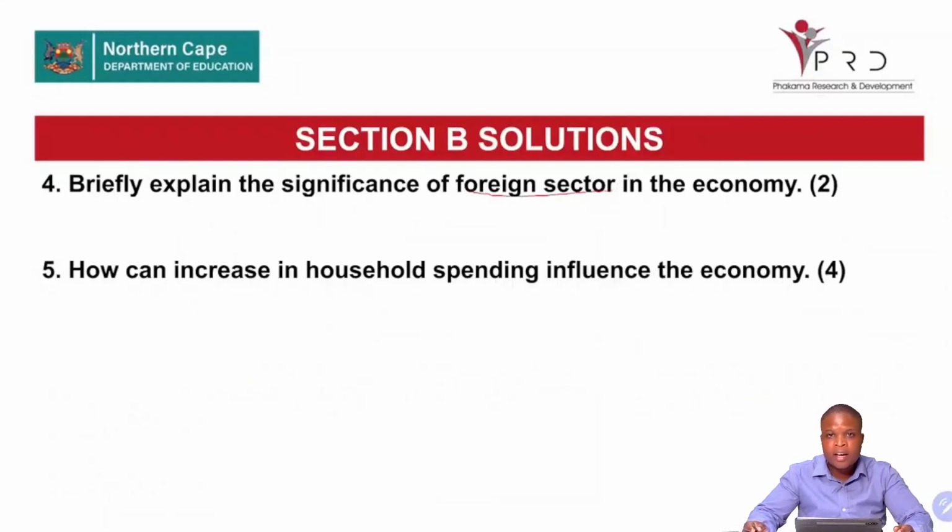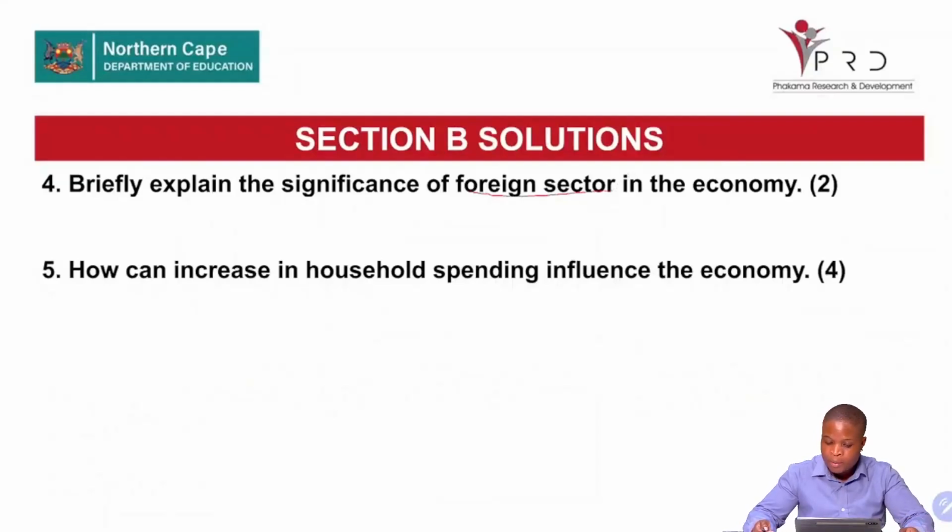In the foreign sector, you see import and export taking place, so it makes international trade possible. We had a unit where we discussed the demand reason for international trade, and we said we don't have everything, so the foreign sector is important because sometimes we import our key inputs. There are things that we do not have and we need, and when we export, we get income.